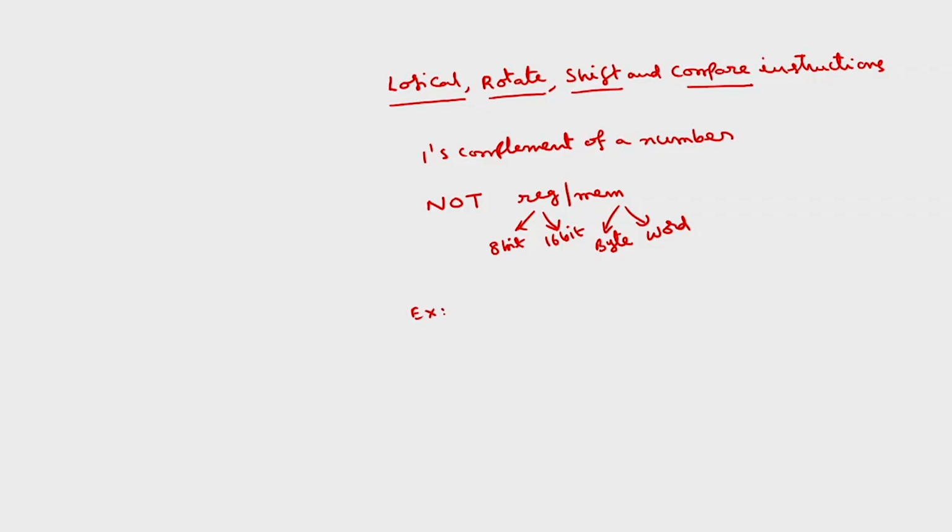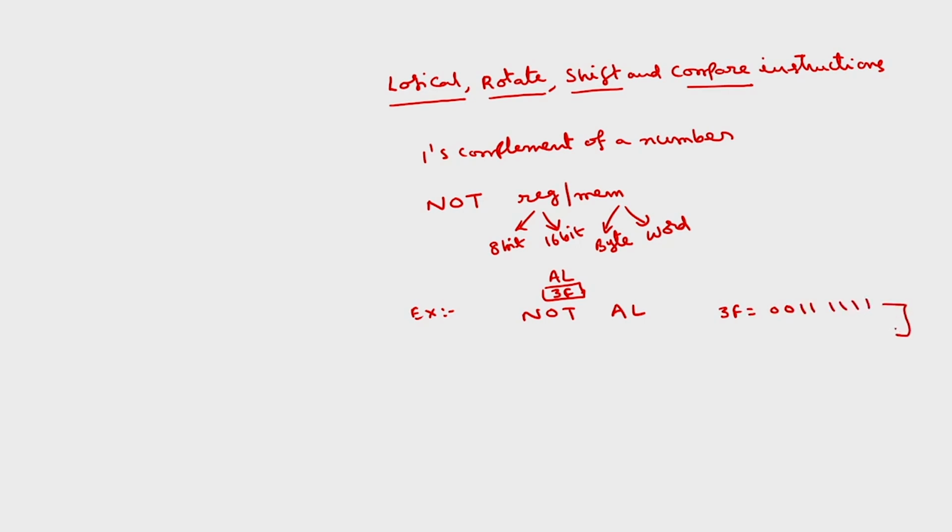Okay. So, if I take the example, NOT AL, and before the execution of this instruction AL contains 3FH. After this, 3FH will be complemented. What is 3FH? It is 0 0 1 1 1 1 1 1.